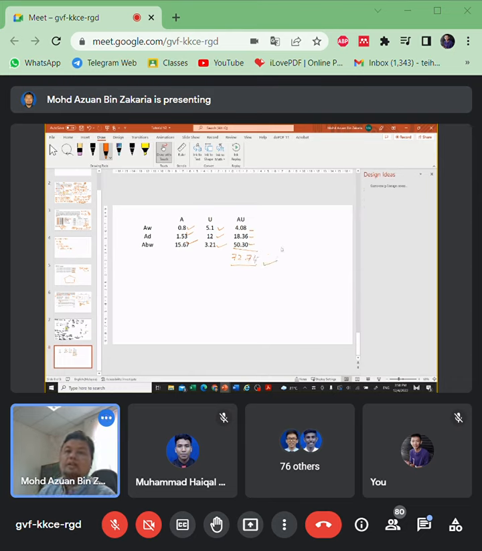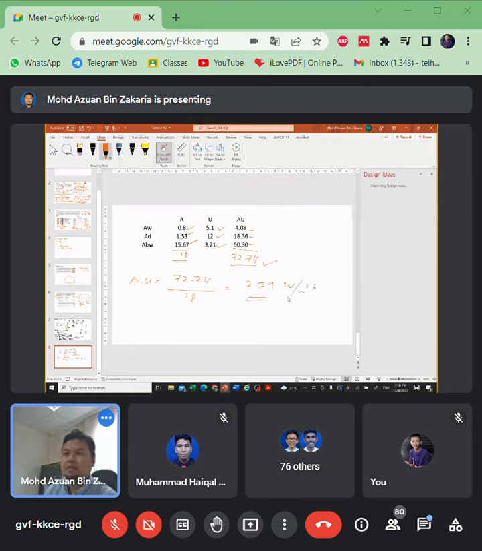Okay, this is A times U. And then average U value means 72.74 divided by this total area, which is 18. So we can obtain 2.79.